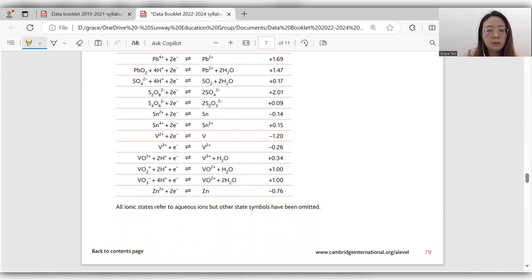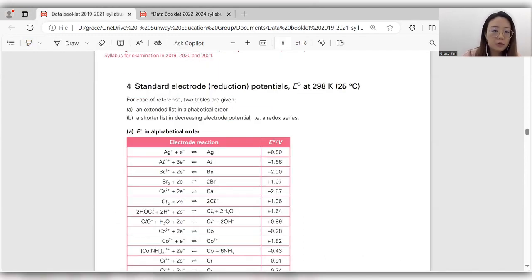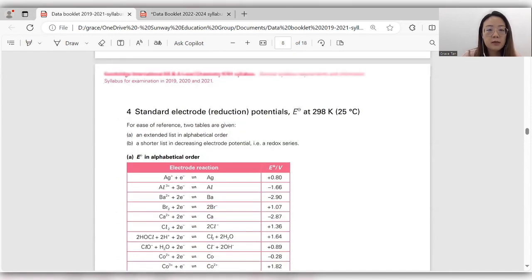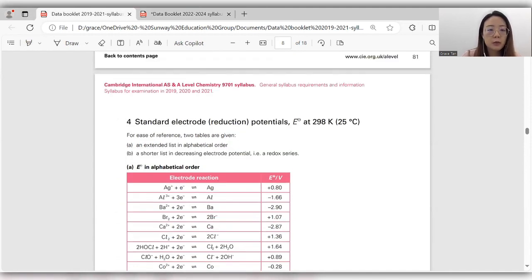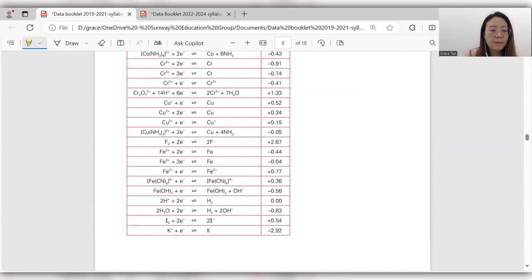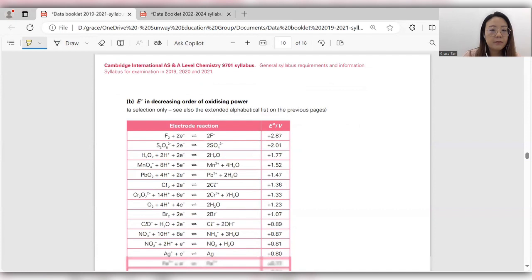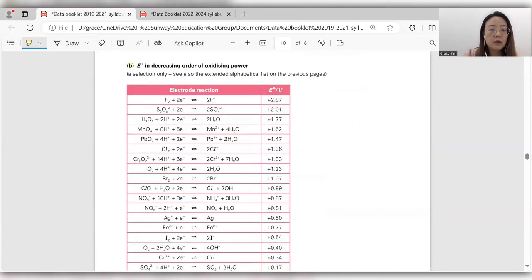But most of the time, I would prefer to use the 2019 to 2021, as you can see over here. Now, this one also shows the same standard electrode potential, but they will provide you in A, alphabetical order, and in B, decreasing order of oxidizing power.